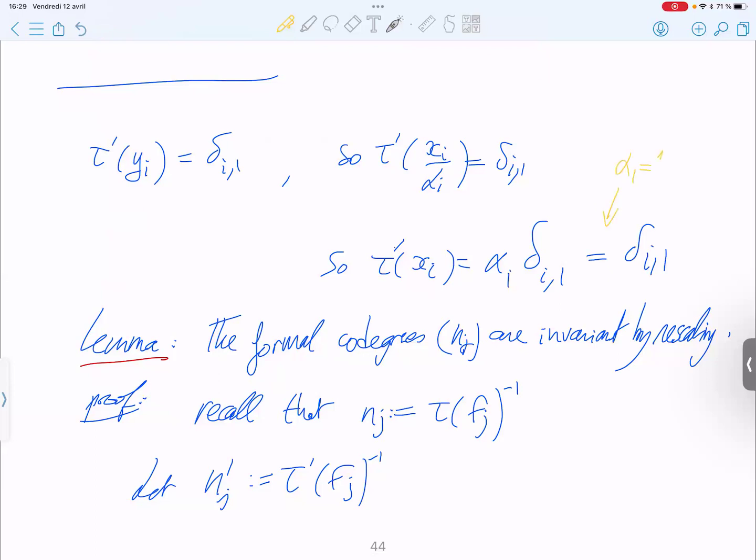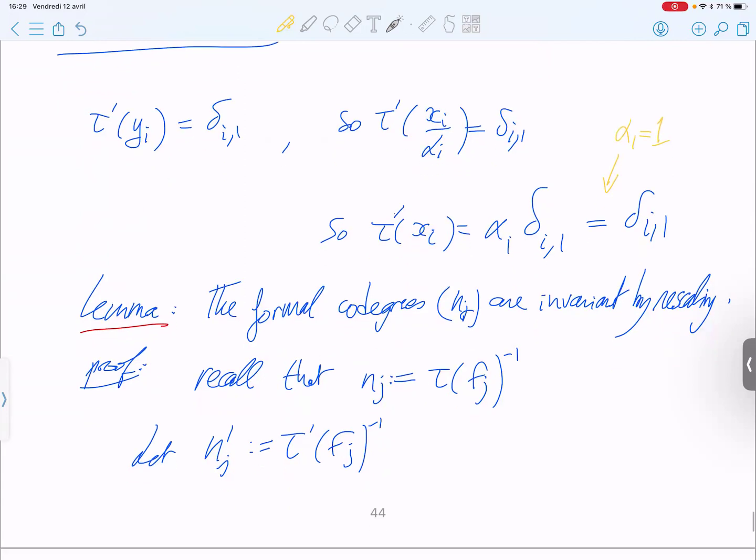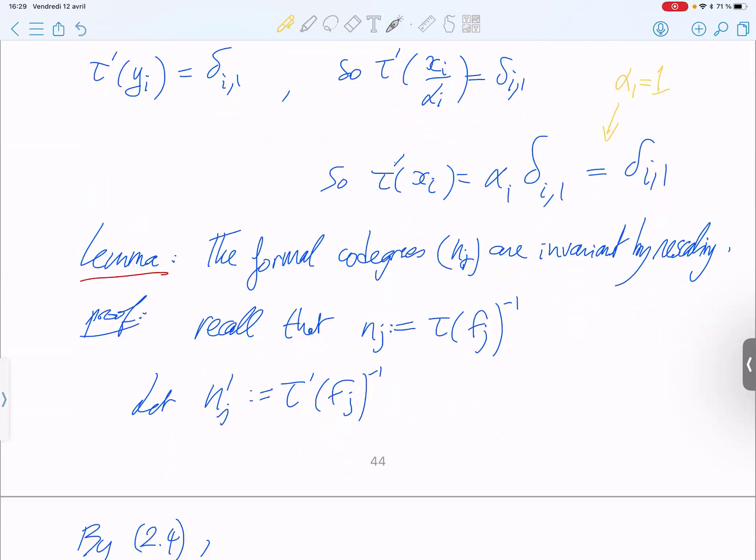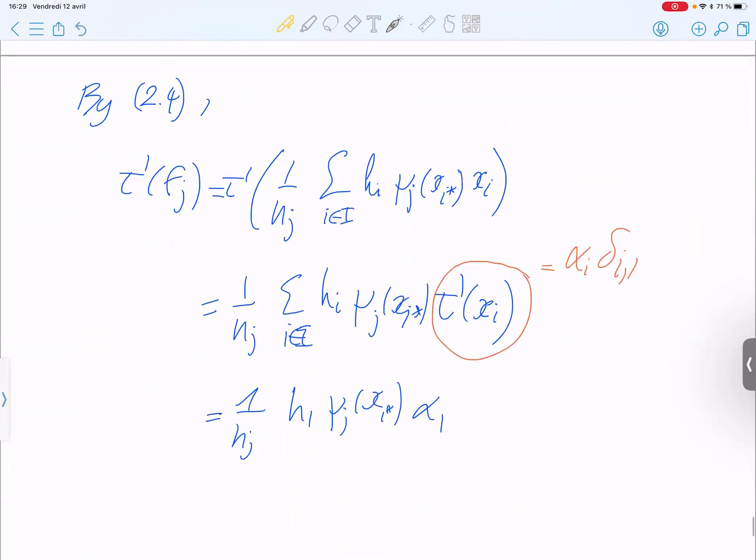Alpha 1 equal 1. So in fact, you have directly tau prime equals tau directly. So there is no need to make any proof.